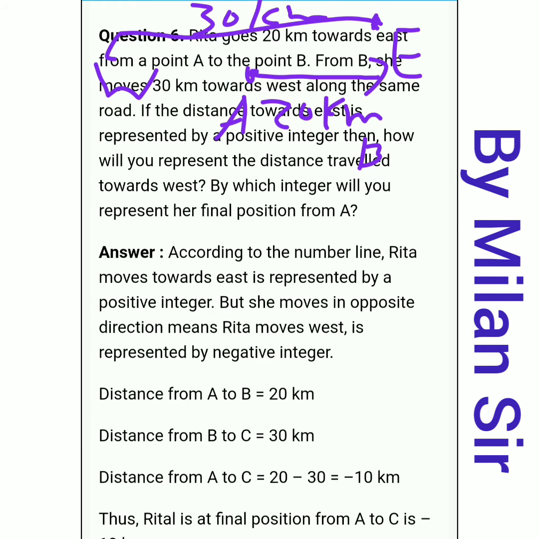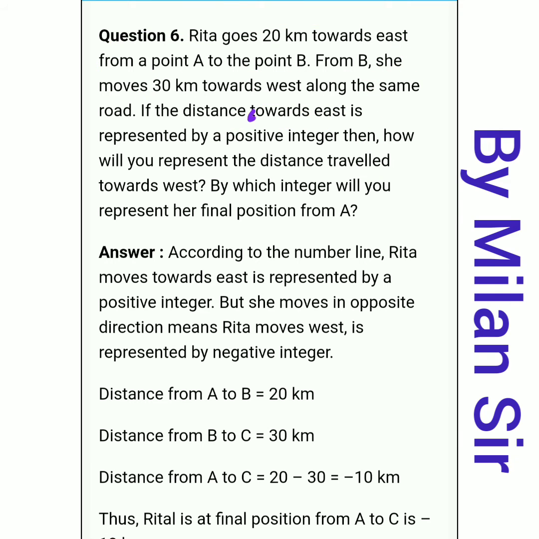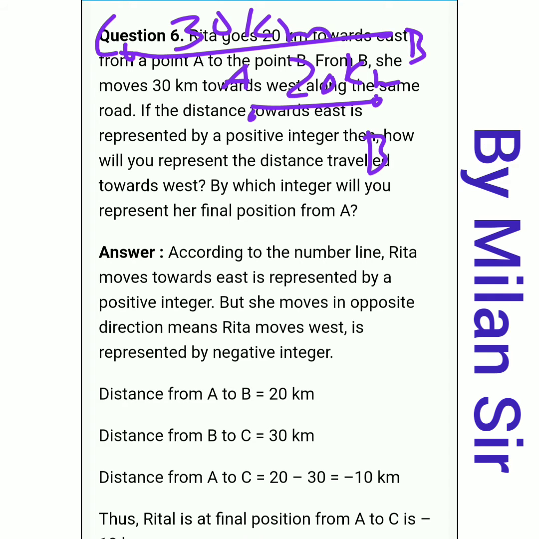Okay, so now for the final position, if we call it point C, starting point A to B is 20 kilometers, and B to C is 30 kilometers. So the final position from A to C, that means we need to write the right hand side direction, that means plus 20.